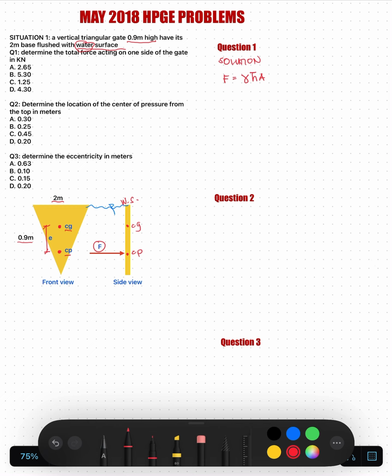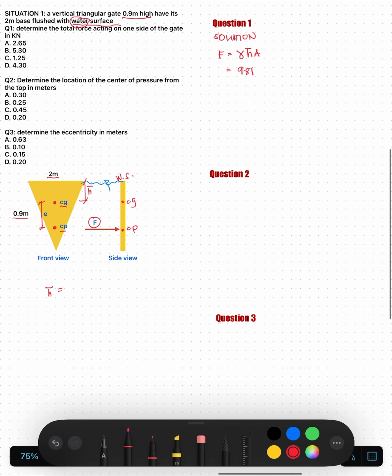So, unit weight of water is 9.81 kilonewton per cubic meter. Now, what about our barred h? Our barred h is, again, the distance from the center of gravity to the water surface. This is our barred h. Now, what is the value for our barred h?